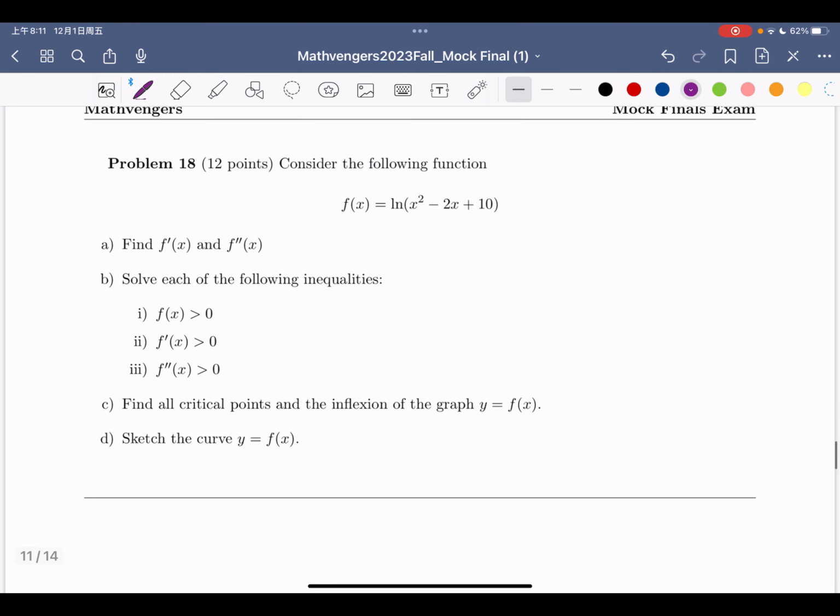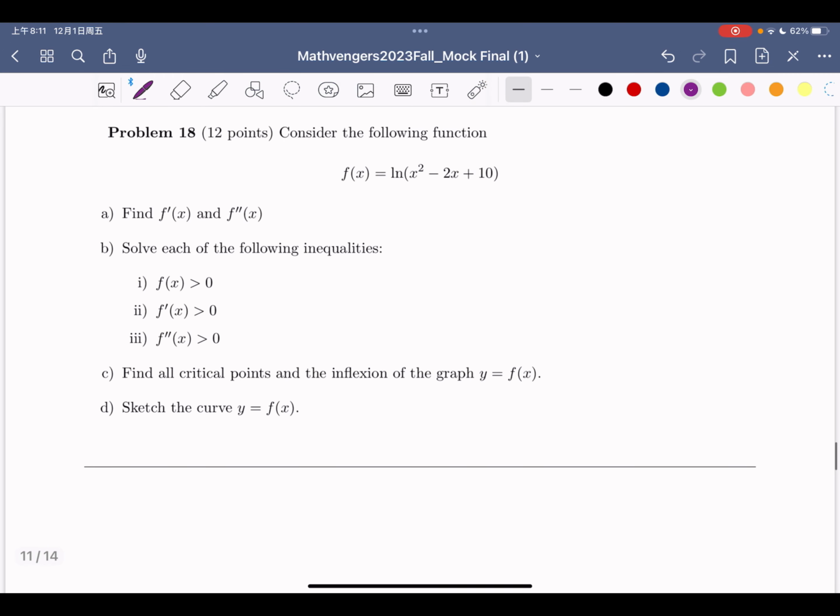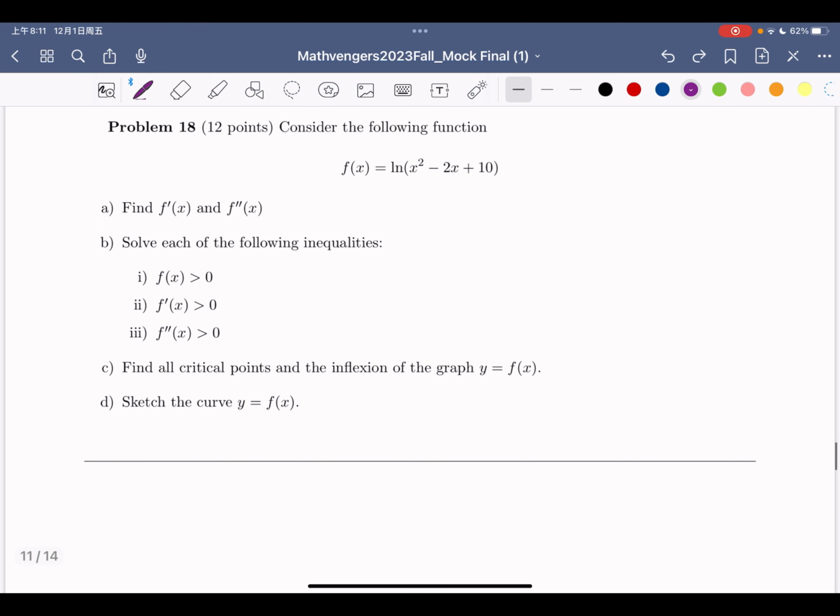So we can directly compute. Actually, we need to use the chain rule for this question, because you can see this is a composite function, which has the inner function x squared minus 2x plus 10 and the outer function ln x.